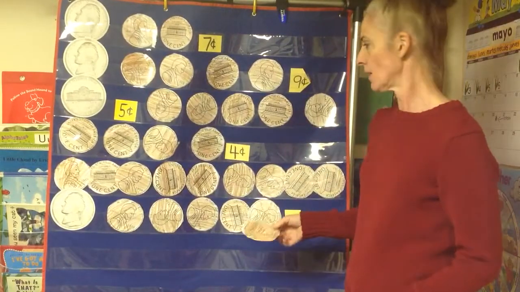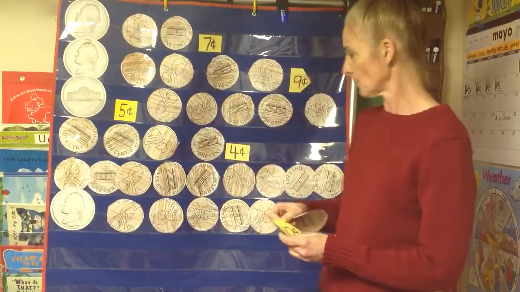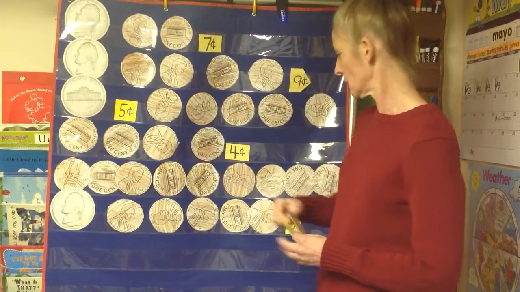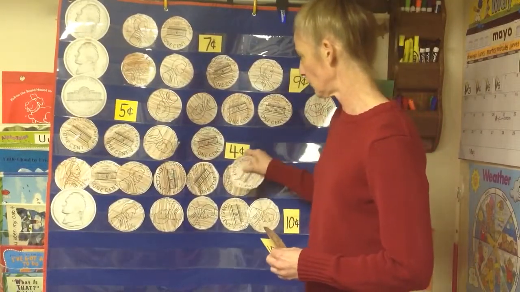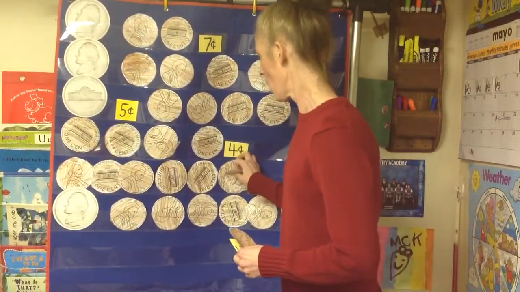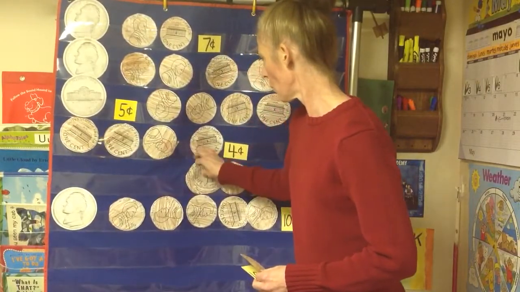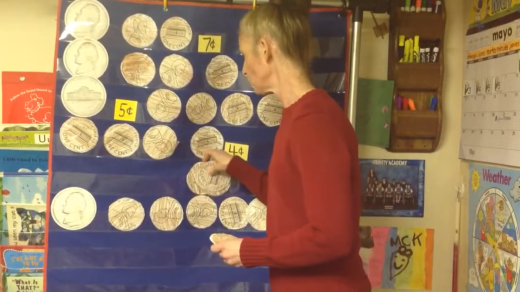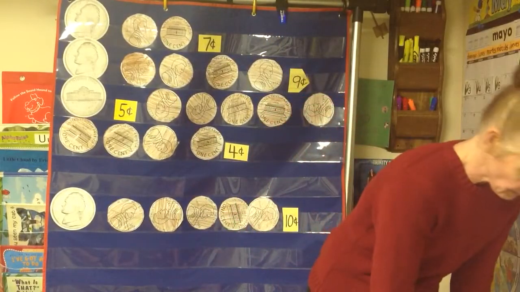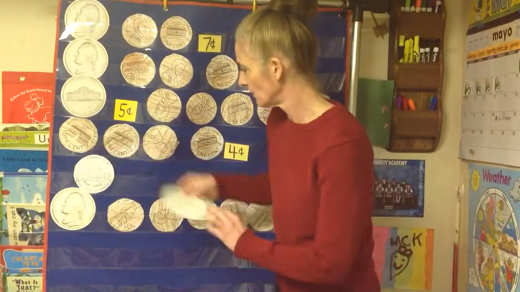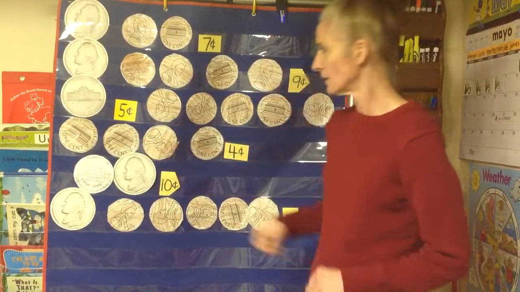But certainly, that would be a lot of coins to carry around to make 10 cents, especially if you can make it using 1 nickel and 5 pennies, or by using 5 and 5. 5 plus 5 is another way to make 10 cents.